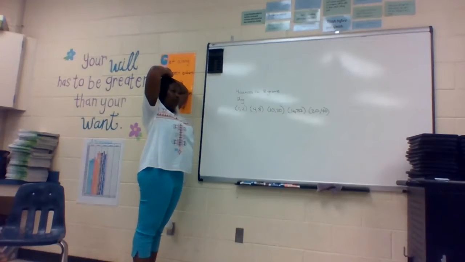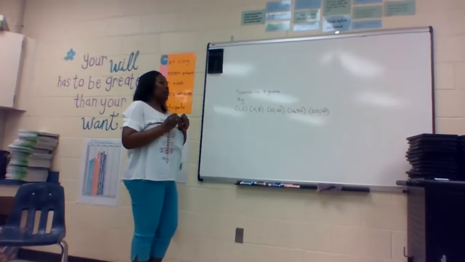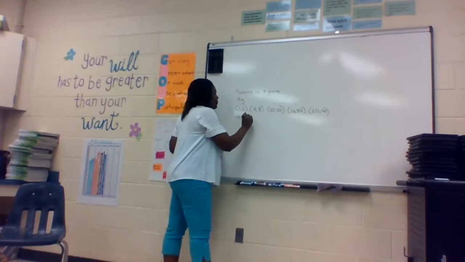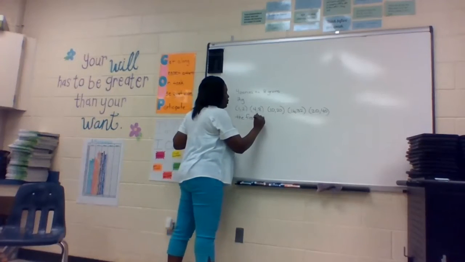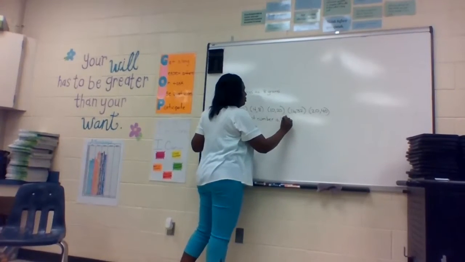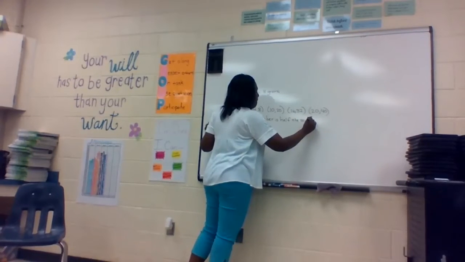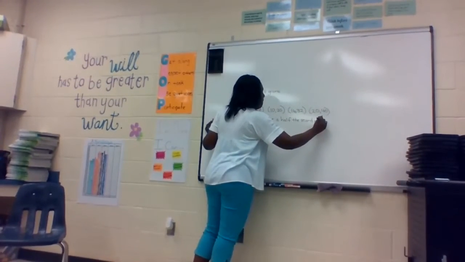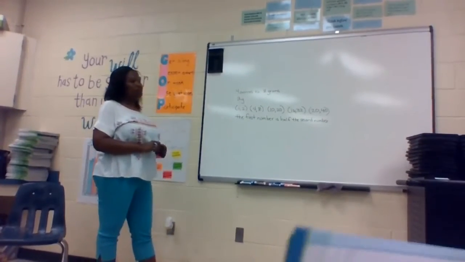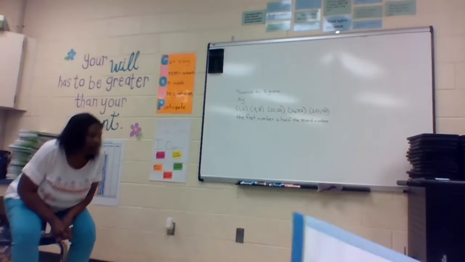All right. Number 12. How are the numbers in each ordered pair related? Okay. Half. So the first number is half the second number. Number 13.